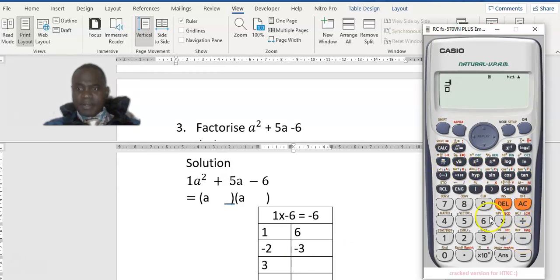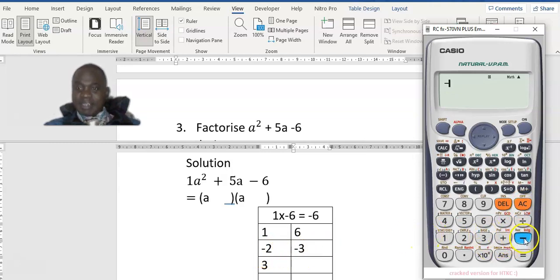If I have minus 6 over 2 I'm going to get minus 3, right? Good. So if I put minus 2, I'm going to get 3. So minus 6 times minus 3 is going to give us minus 6.